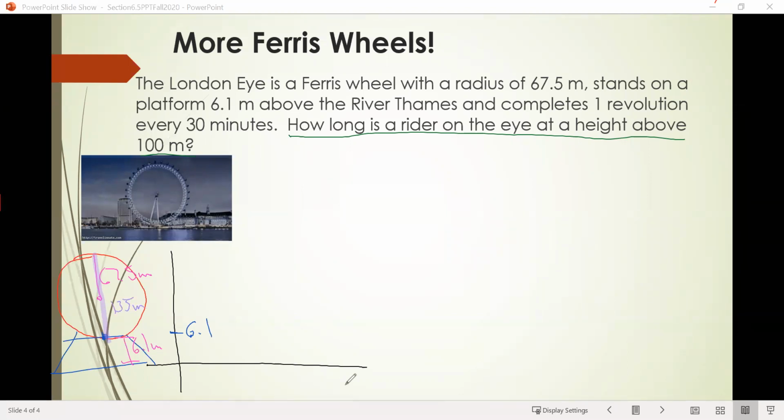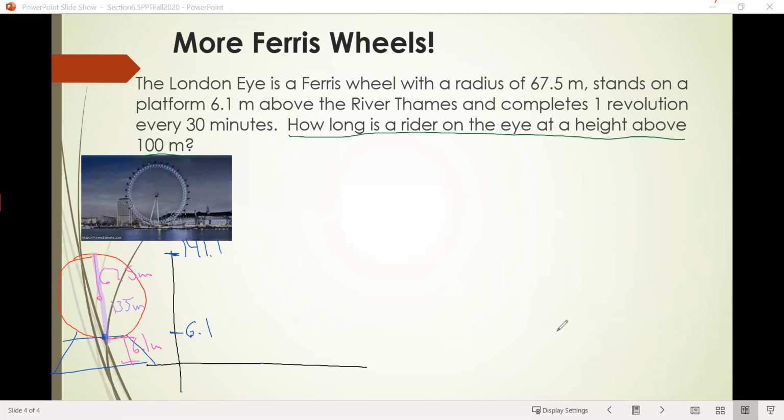Which means the highest point our Ferris wheel reaches will be 6.1 meters plus that 135, which gives us 141.1 meters, right?